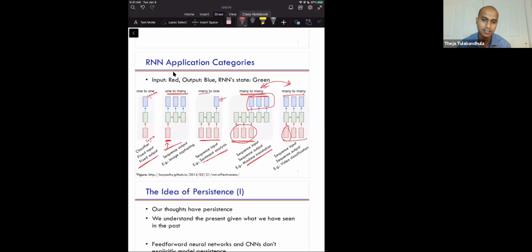All I'm saying is that this class of problems is basically the sequence to sequence class of problems. Of course, the first, second, and third examples are just special cases of this, where it's a trivial sequence of fixed size.